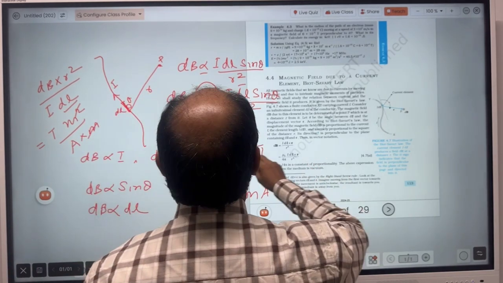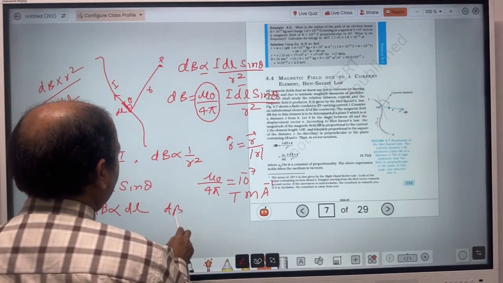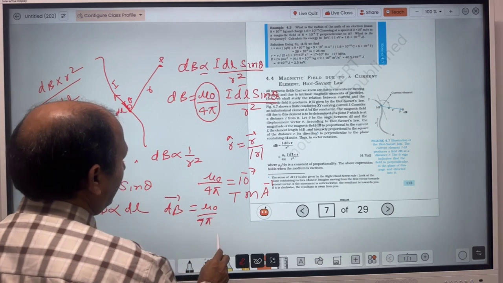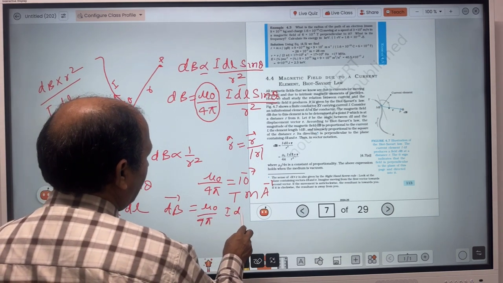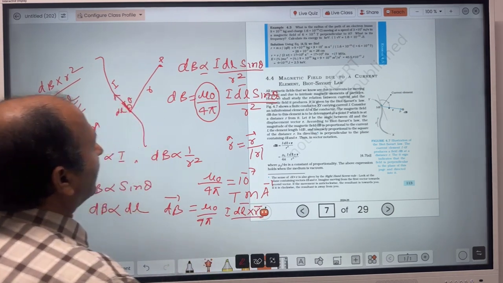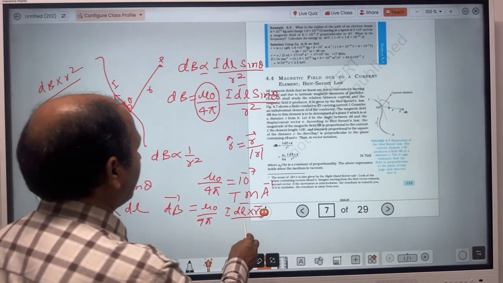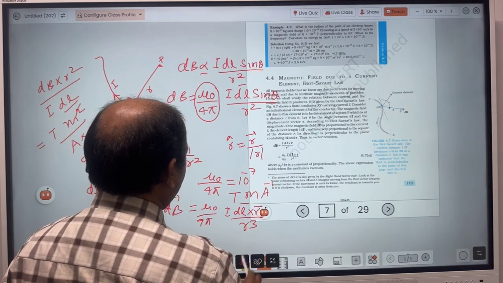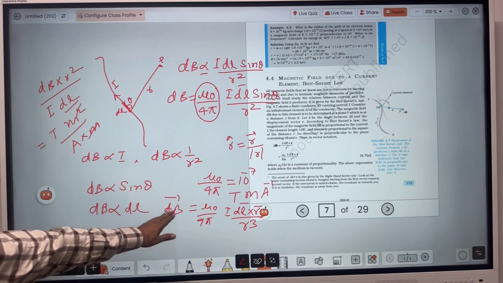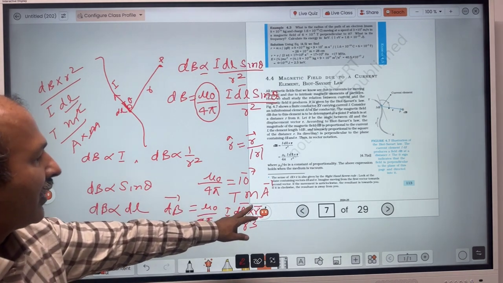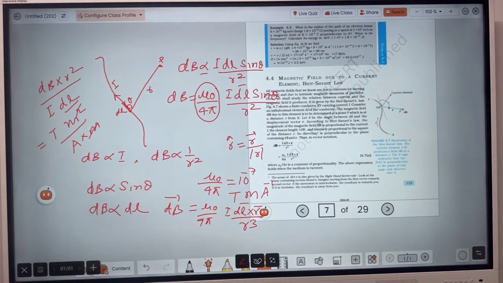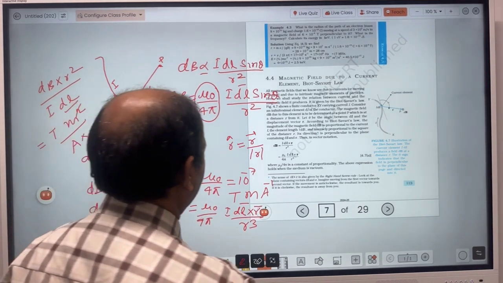So our relation in vector form will be dB vector equal to mu naught upon 4 pi, then I dl cross r, because sine theta is there, A cross B equal to AB sine theta, divided by r cube. And if you want to find the direction of the magnetic field, then find the direction of dl, find the direction of vector r, and then use the formula of cross product, and you can easily evaluate.